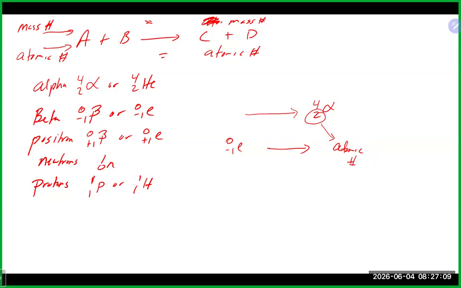Remember that the atomic number is the number of protons. Every element on the periodic table has a different atomic number. So if you know the protons, the atomic number, you will know what element is being formed in this case. And then mass number as well. You just want to make sure that you add them up correctly.